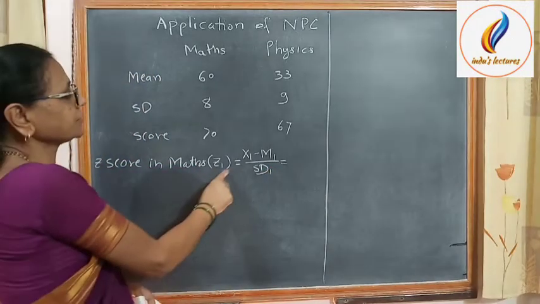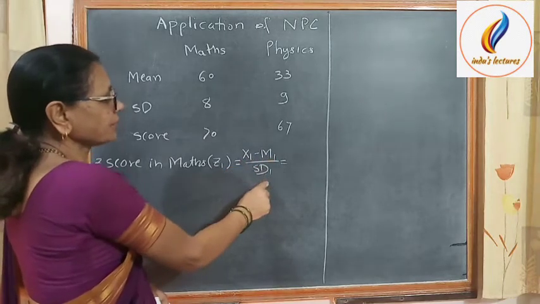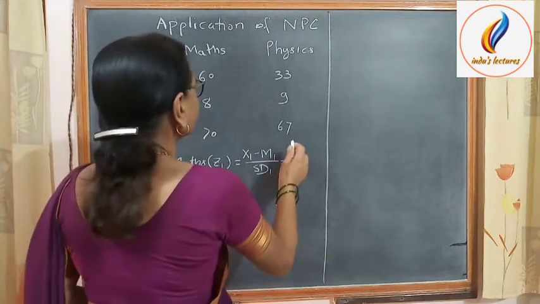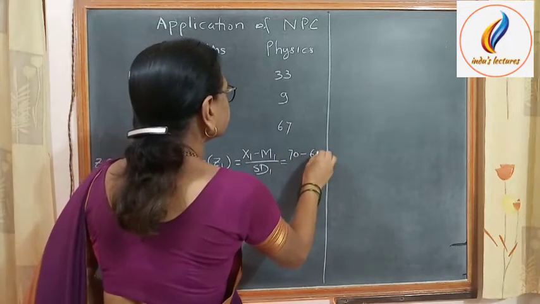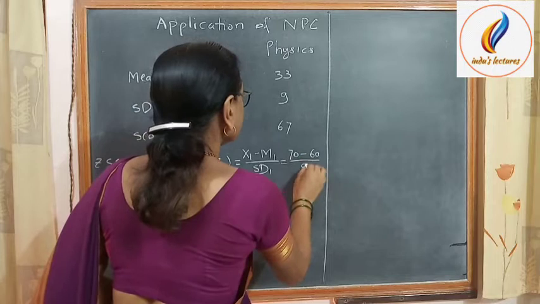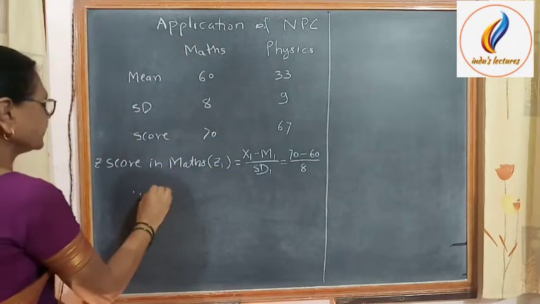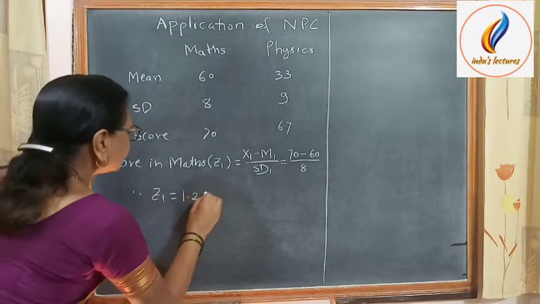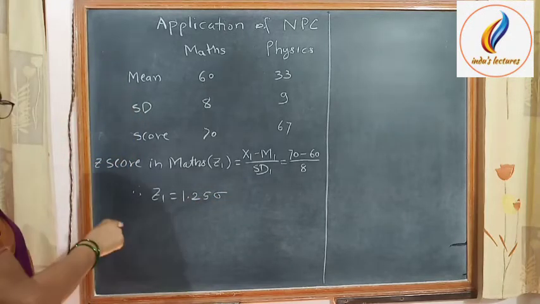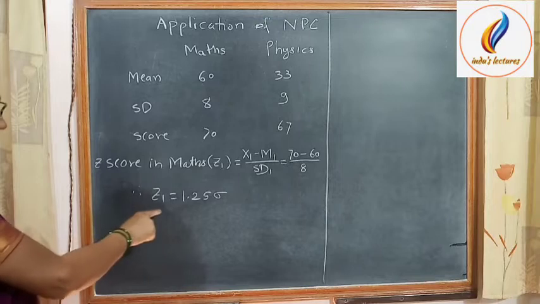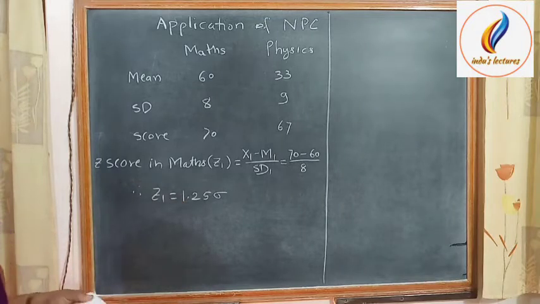So Z1 is equal to x1 minus M1 divided by SD1. Now putting the values in the formula, we get 70 minus 60 upon 8, and therefore Z1 is equal to 1.25 sigma. That means the Z score of the student in mathematics is 1.25 sigma.